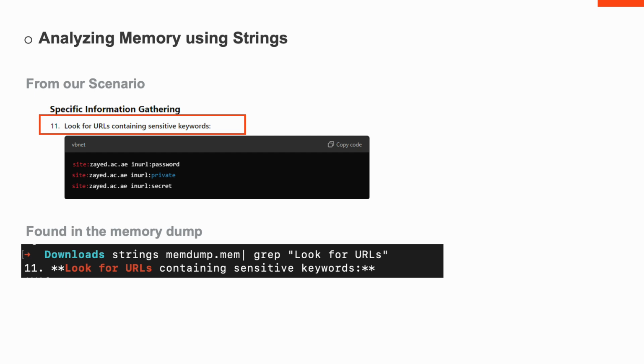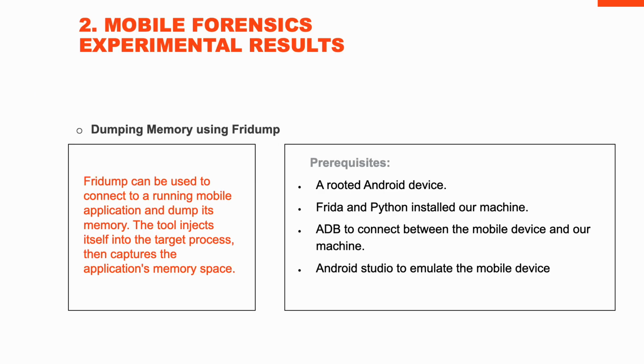So we have found the response and the prompt from ChatGPT, whether using strings or FTK, and it was a clear artifact within our analysis, and it is eye-opening, and this research can be expanded in the future. So let's move on to mobile forensics.